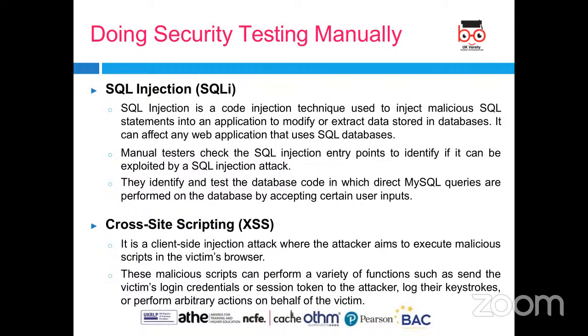Then there is cross-site scripting, which is a client-side injection attack, where we execute malicious malware or script in the victim's browser, and it is then possible to gain access to the data of this client, the web browser.